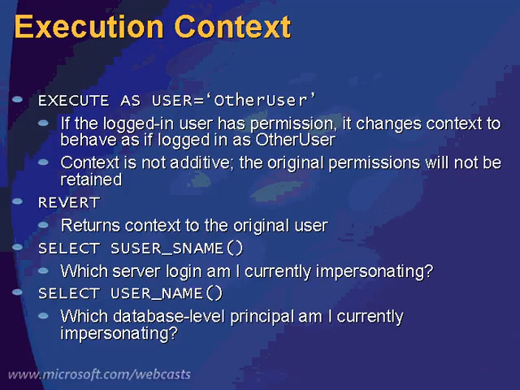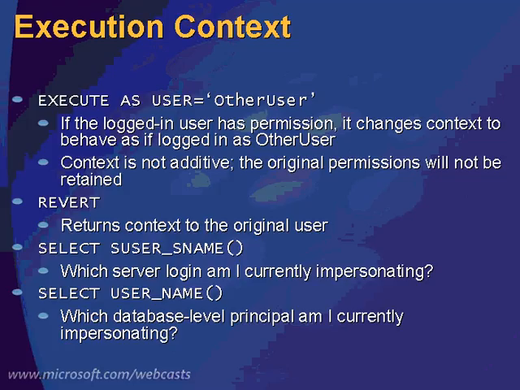First of all, we have this idea in SQL Server 2005 of an execution context. And we had this in SQL Server 2000 as well. There was a command called setUser, but it wasn't nearly as flexible as what we have in 2005. So in 2005, what we can do is EXECUTE AS USER = username.